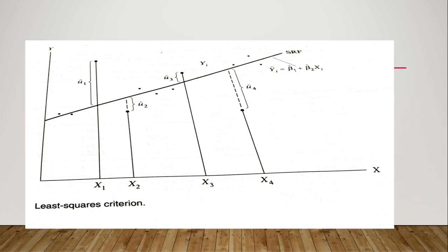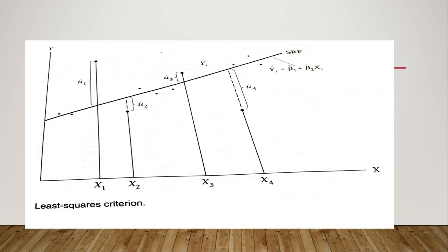In the first case we have a positive deviation, in the second case a negative residual, and for x3 we have u3 which is positive, and for x4 the deviation between actual and estimated Y value is again negative. So we can see that for some observations the actual Y values are far away from the estimated sample regression function.